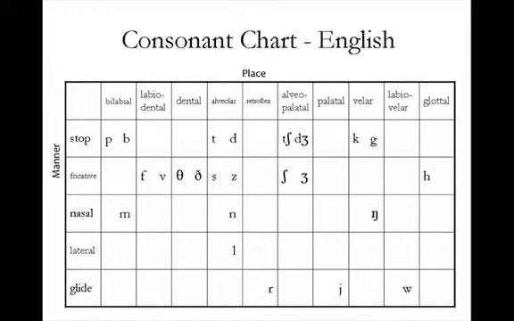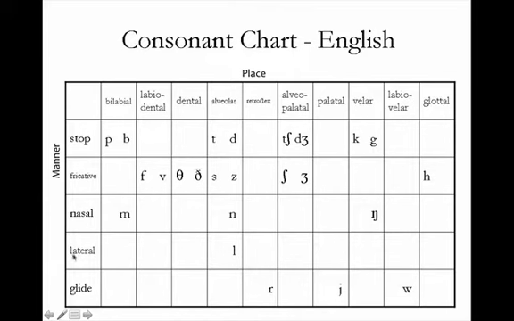You're probably familiar with a chart such as this, where we are placing on the chart consonant place. And in this chart, place ranges from the very front of the vocal tract, where there's occlusion or constriction of the vocal tract at the lips, back to the back of the vocal tract at the glottal area.